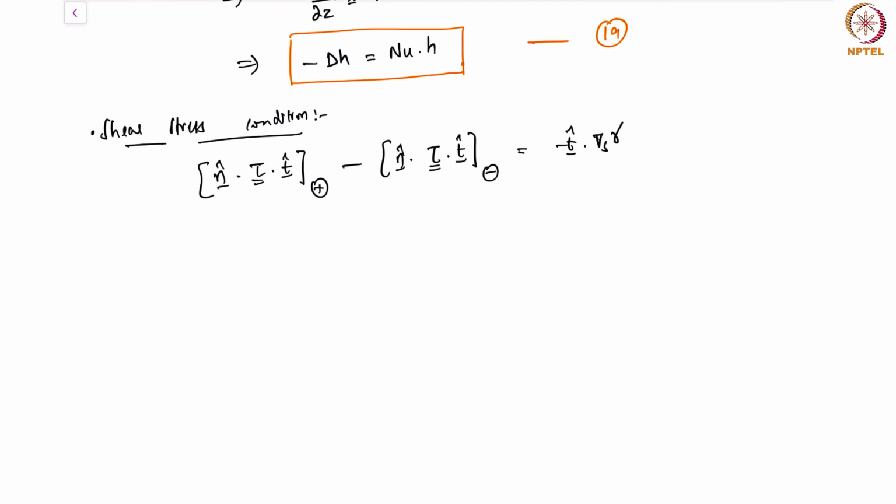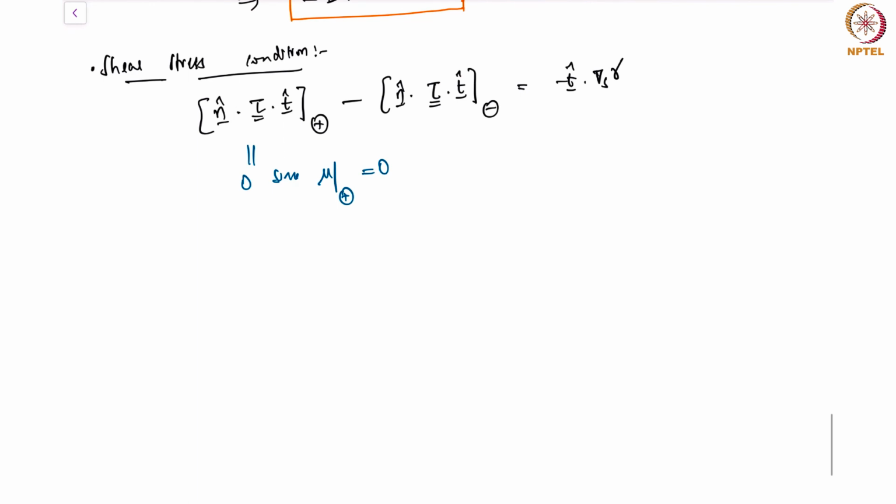We had also said that the gas above is passive, so the above terms are identically 0, since mu of the fluid above is 0, right? Further, we have said that the interface at z is equal to 1 is flat. It means that the derivatives of h with respect to space, that is del h by del x is 0, del h by del y is also 0. These are basically the derivatives of h with respect to the horizontal coordinates.